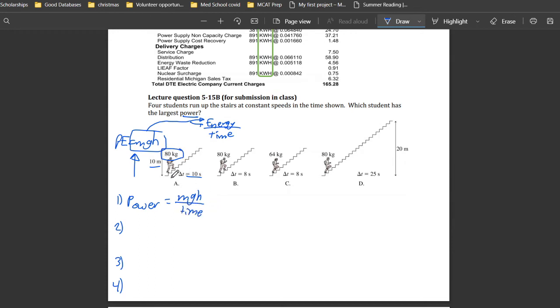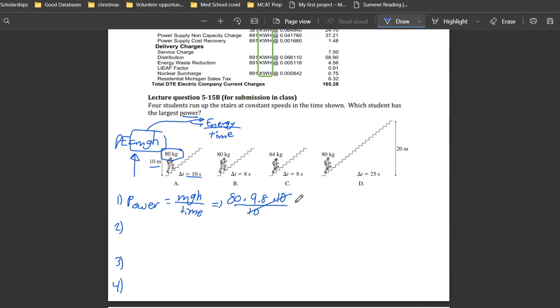And when we plug in the units for each of the known quantities, we can continue to say that mass is 80 in case 1, times gravitational acceleration is 9.8, times height, which is 10, divided by 10.